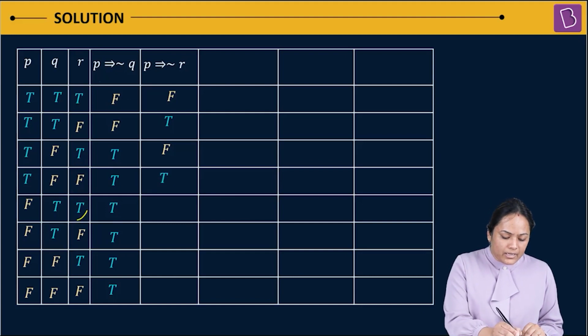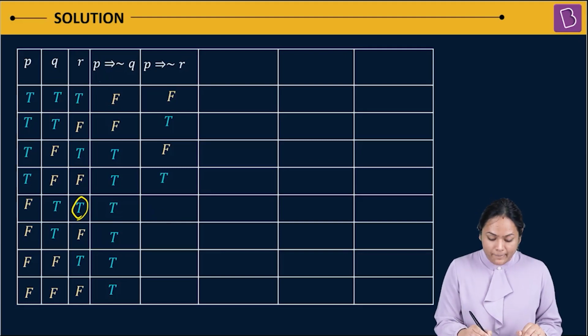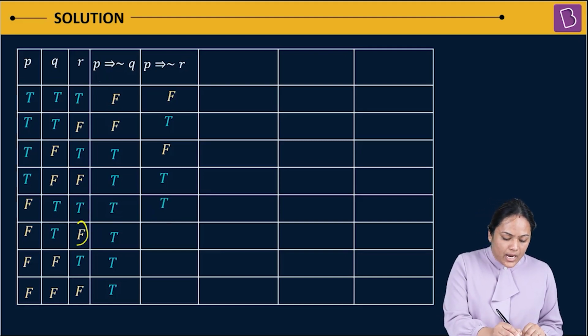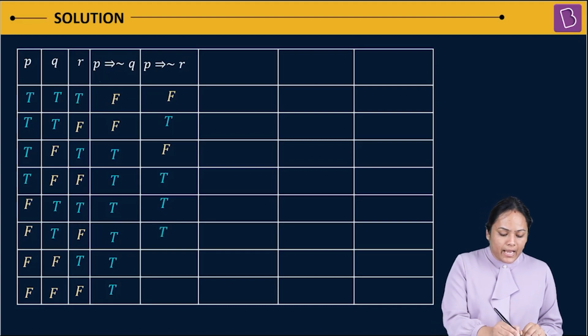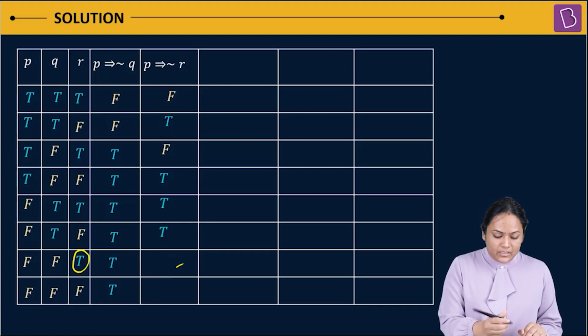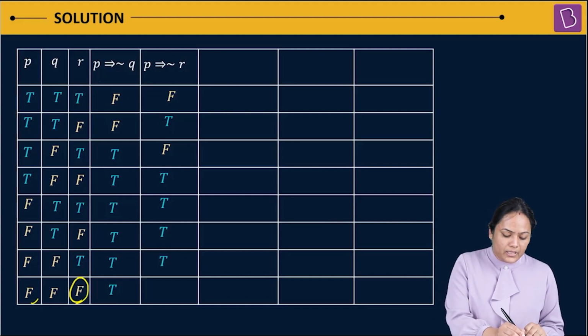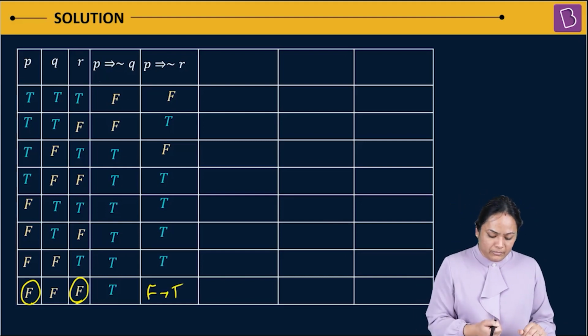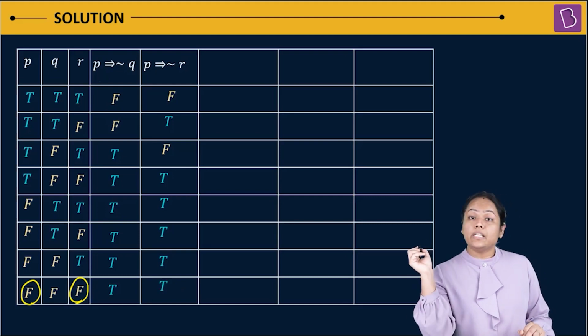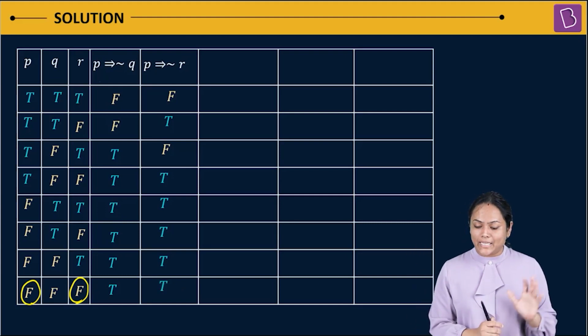Then I have R as T. So it will be F implies F, which is again T. Then I have R as F. So it's F implies T. In this one, it's going to give me again T. Then I have R as T. So I have F implies F, which is going to give me T. So this one is also equal to T. And lastly, when R is F and P is also F, I'll have F implies T, which again is going to give me T. Clear? So this is my P implies negation R.